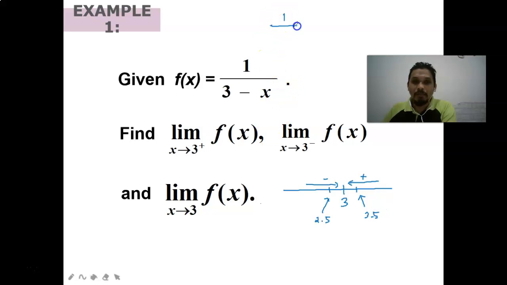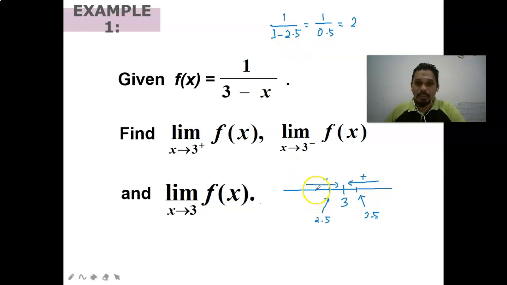So 1 divided by 3 minus 2.5 equals 1 divided by 0.5. Using your calculator, 1 divided by 0.5 equals 2, a positive value.